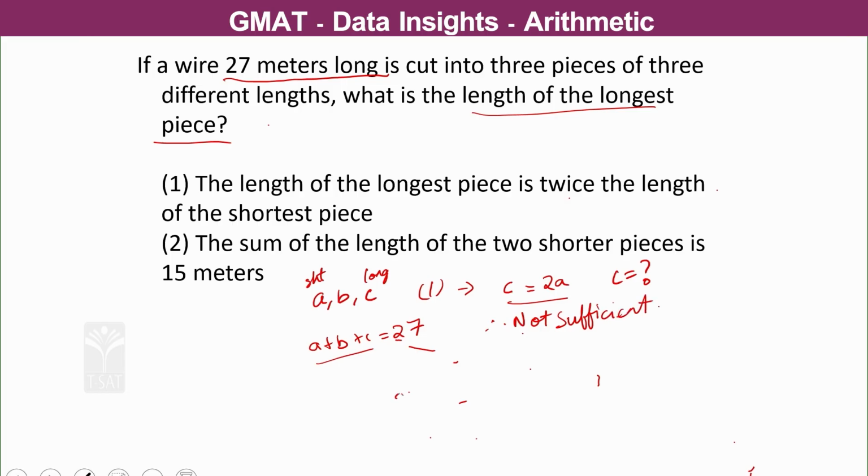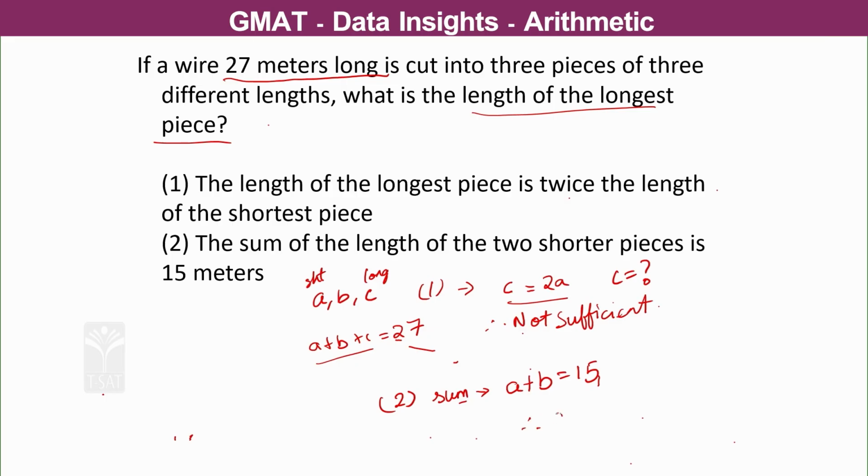When it comes to statement 2, it is saying that the sum of the lengths of the 2 shorter pieces is 15 meters. So, what is the shortest one? Shortest piece is A and the next shortest one is B. So, the sum of these 2 shorter pieces is equal to 15.